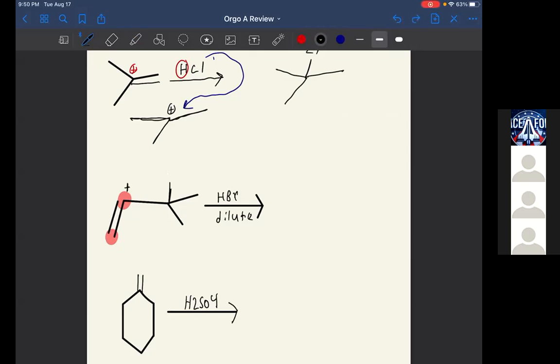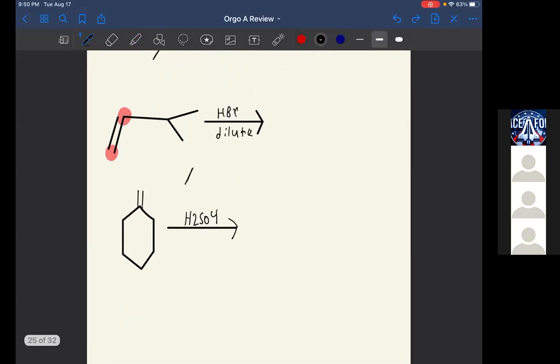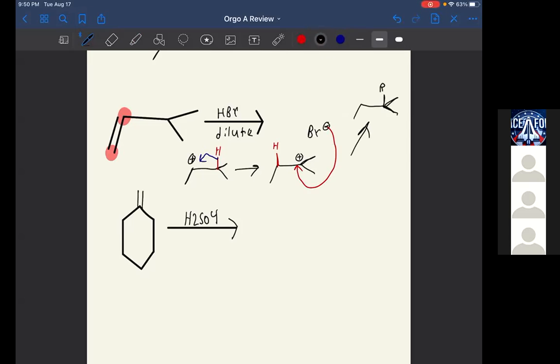So when you actually do this, I'll draw out the entire mechanism for you guys real quick so you see how this works. That'd be your final product. Does that kind of make sense for that one?